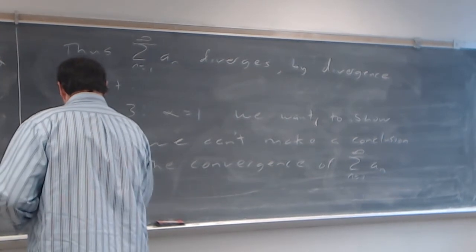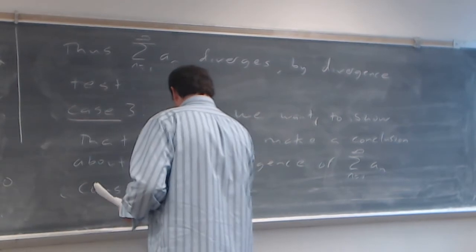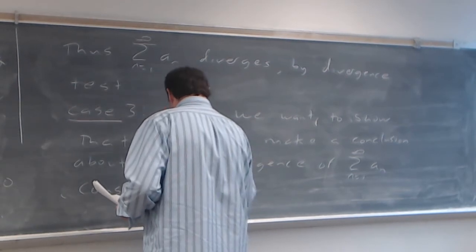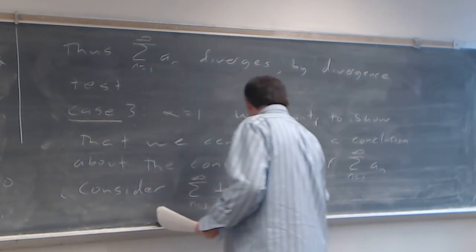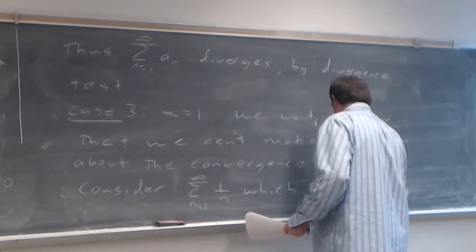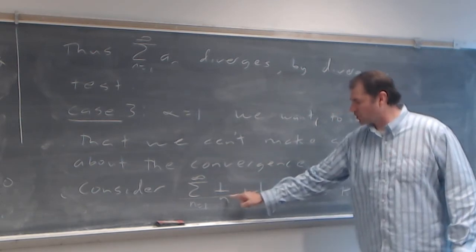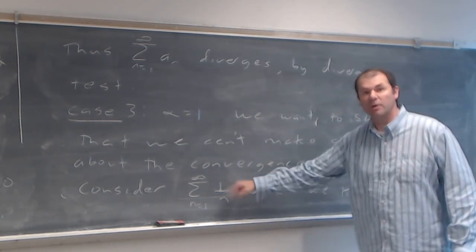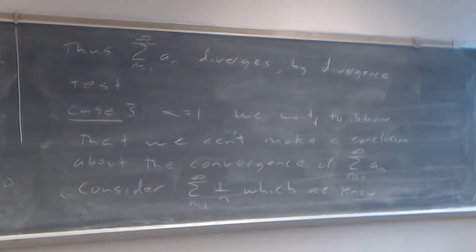So first of all, we're going to consider the series as n runs from 1 to infinity of 1 over n, which is 1 over n to the p where p is 1. And we know that's a divergent series.